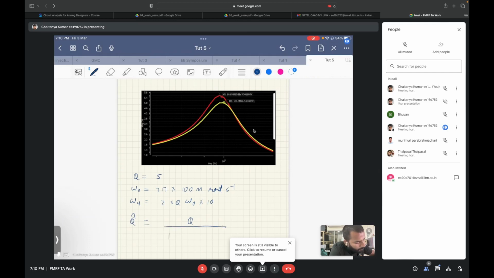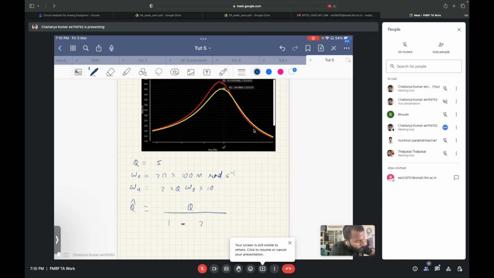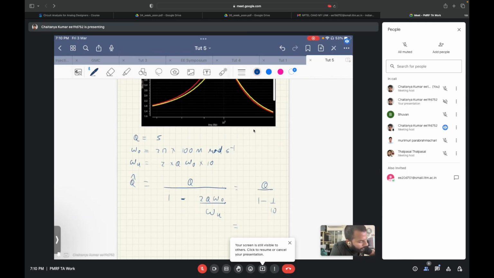It should have been Q divided by 1 minus 2Q omega naught divided by omega u. Okay. So this comes out to be Q by 1 minus 1 by 10, and this basically comes out as Q by 0.9.